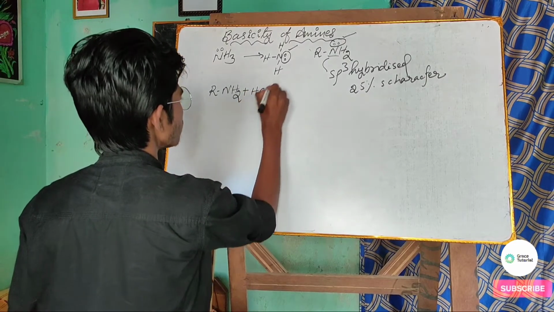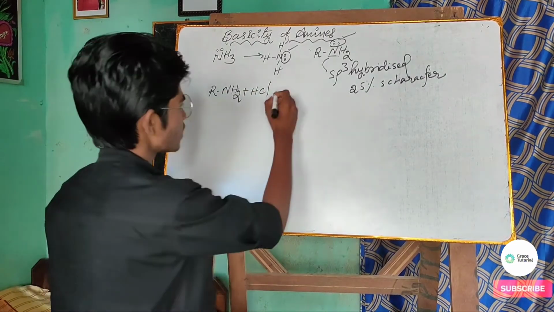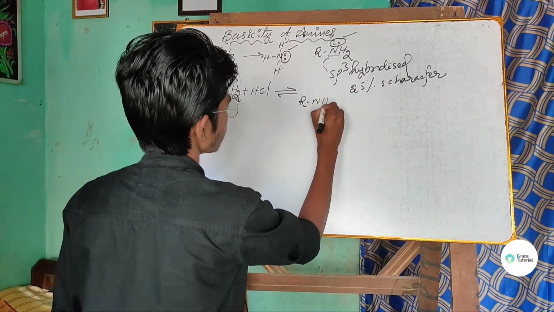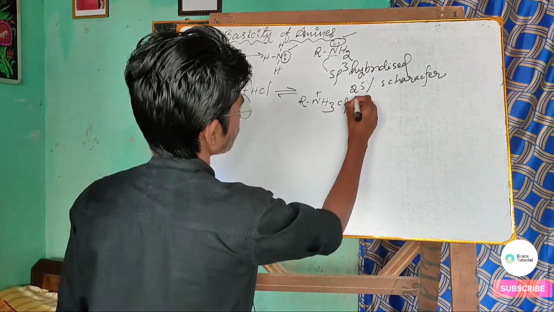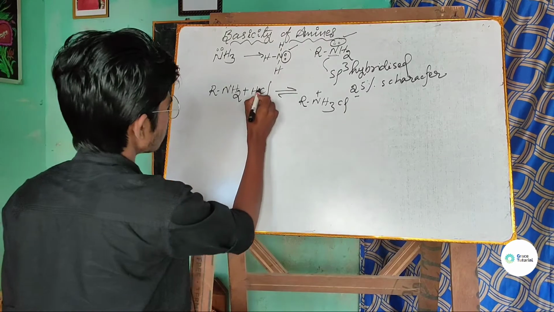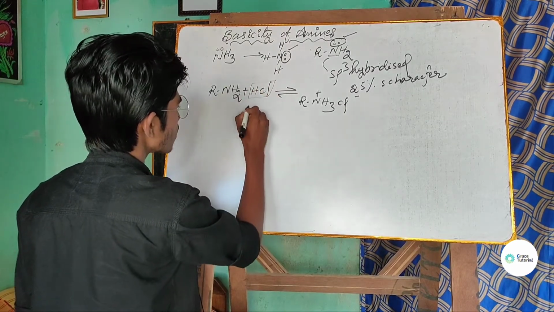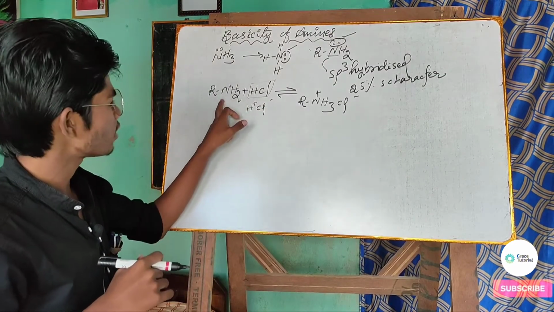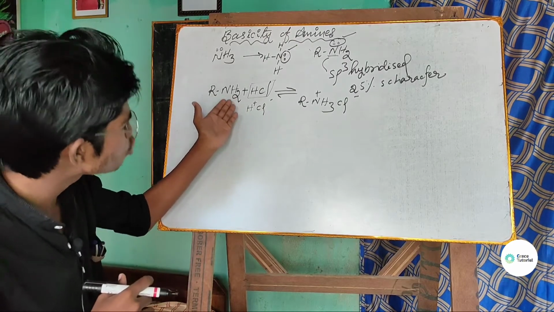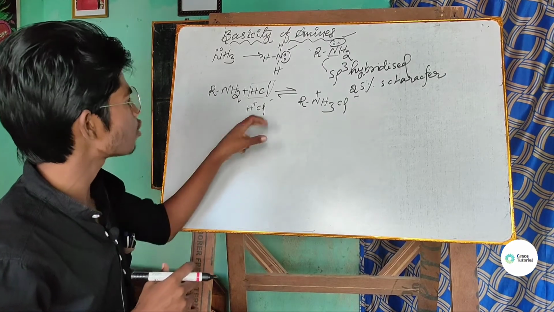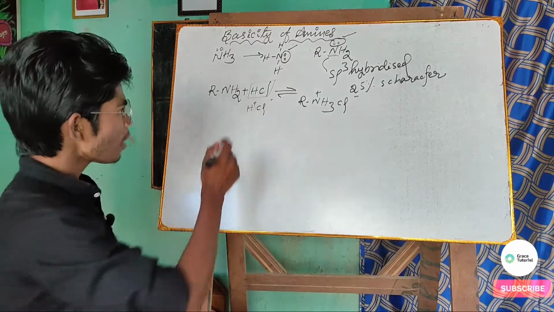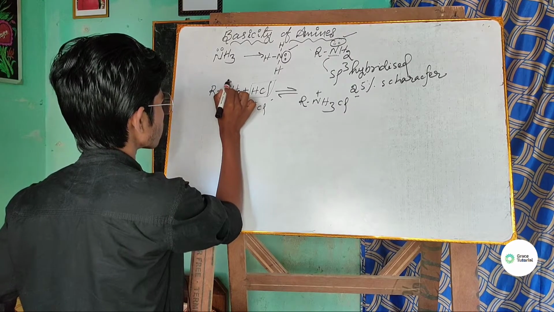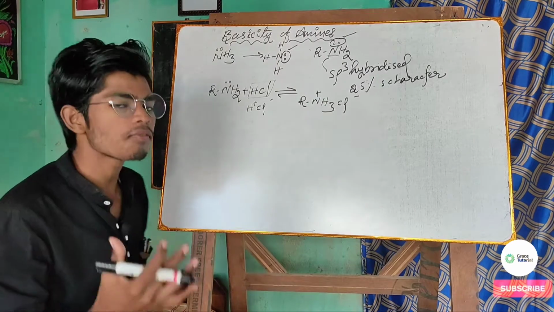and when this reacts with HCl, that is hydrochloric acid, it gives RNH3+ Cl minus. Why? Because if you dissociate this HCl, you will get H plus and Cl minus. This H plus reacts with RNH2. Here H2 is there and one more H is added, now RNH3. So what happened here? The lone pair present on this nitrogen atom is available for proton attack.